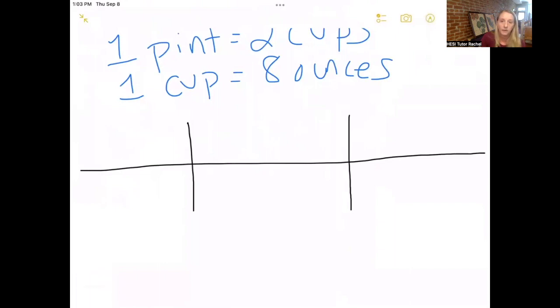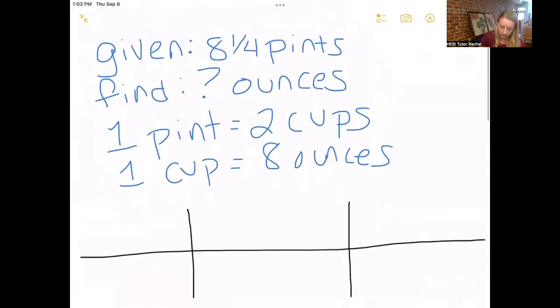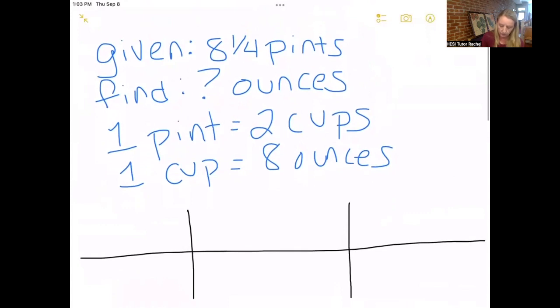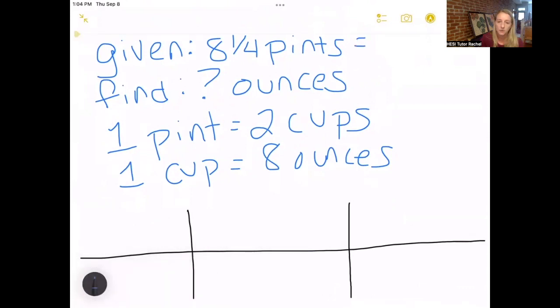So as always, the upper left corner gets our given, and our given is 8¼ pints. So one quick thing that I want to do before I put that in there is to put that into my calculator and make it a decimal. So that's going to be 1 divided by 4 plus 8, and that's going to give me 8.25.